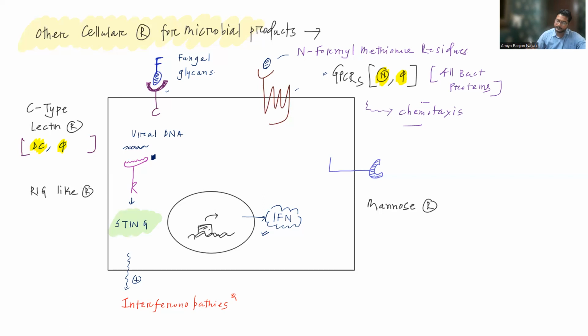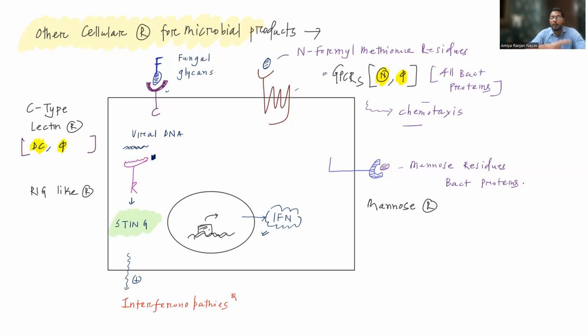Now coming to the last type of receptor that we are going to discuss, the mannose receptor. This mannose receptor is going to identify mannose residues that are present on the various bacterial proteins. Okay, human proteins don't have mannose residues, but bacterial proteins do have mannose residues, and they can be identified by these mannose receptors.